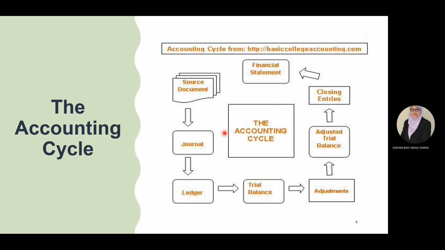So this accounting process will require us to extract the information from the source documents first. So let us continue by identifying the definition and the types of source documents found in the business.